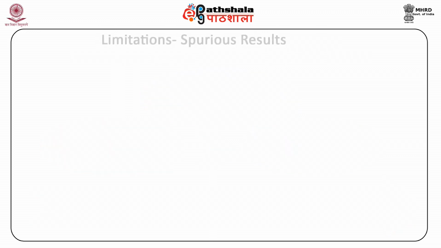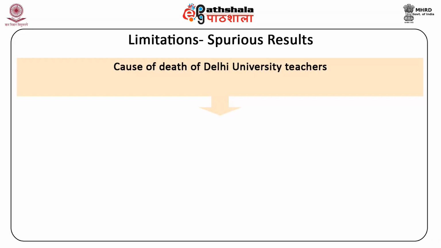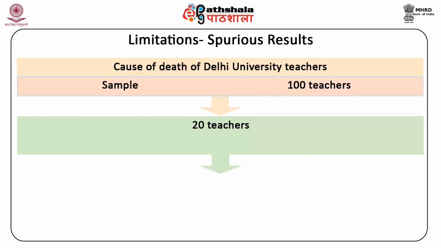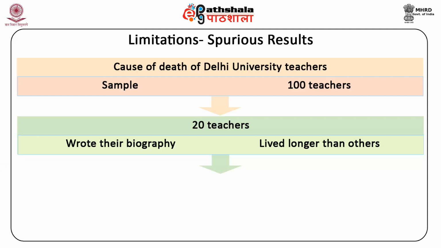Let us now look at the limitations of this model. First, this concept may result in a spurious result. Suppose there is a study on the cause of death of Delhi University teachers. The researcher takes a sample of 100 teachers. It was observed that out of 100 teachers, 20 teachers who wrote their biography lived longer than the other teachers.